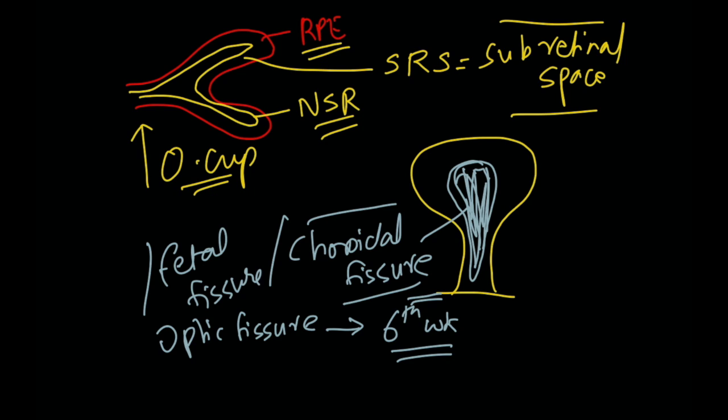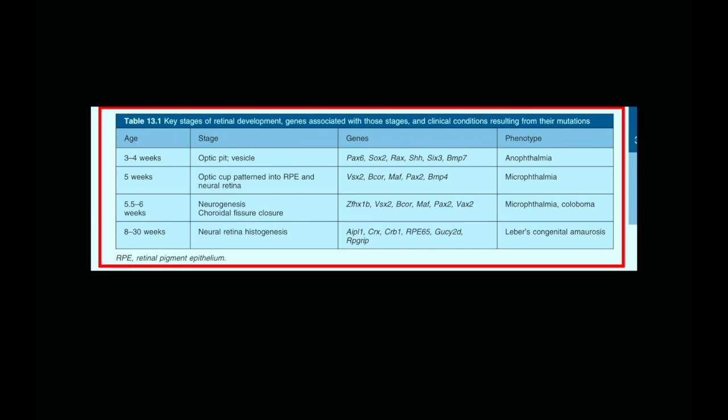When there is a failure to close, it forms coloboma. So this choroidal fissure closes at week 6, and when there is a failure to close because of mutations of these genes, there is coloboma.